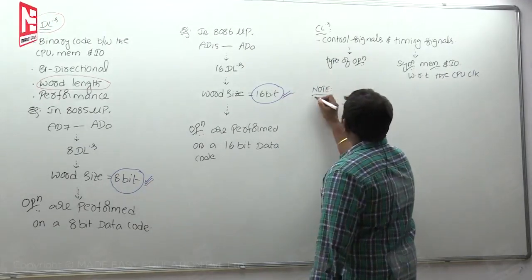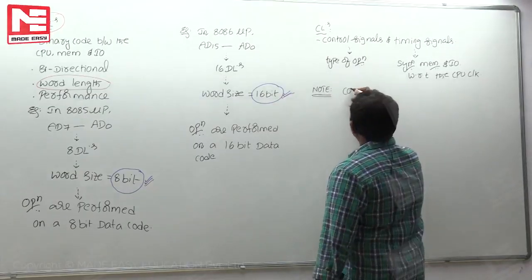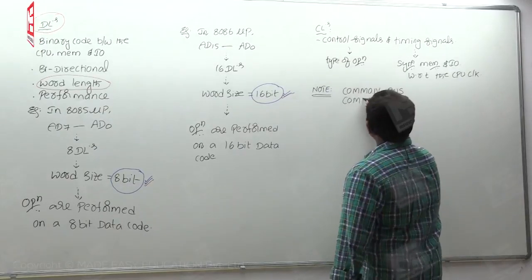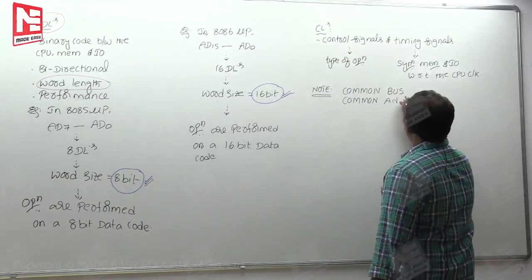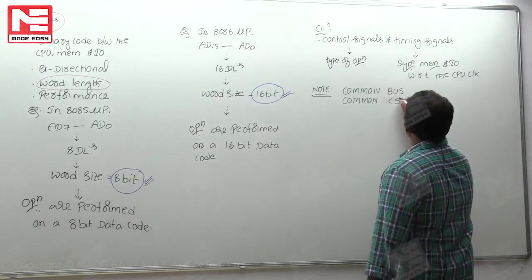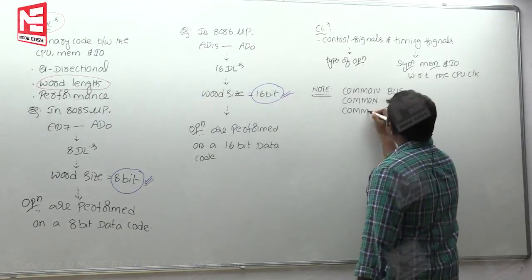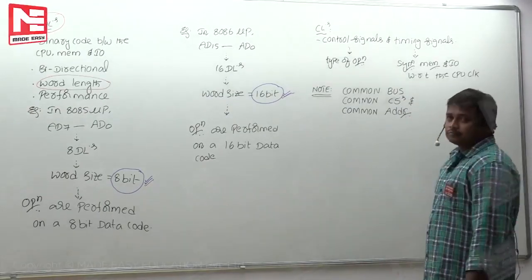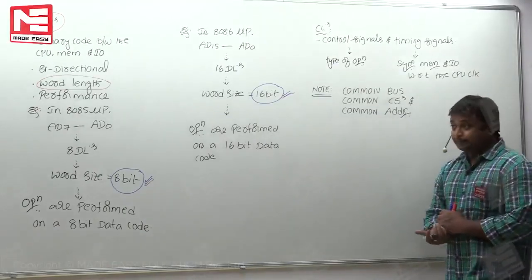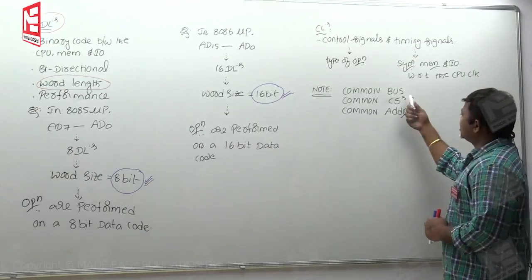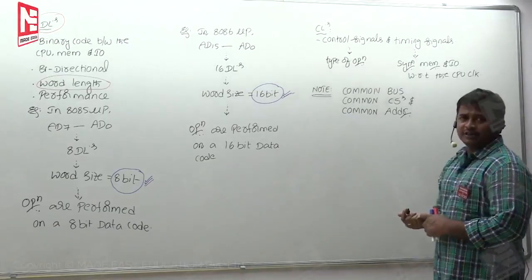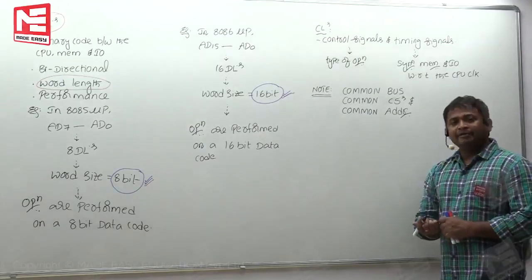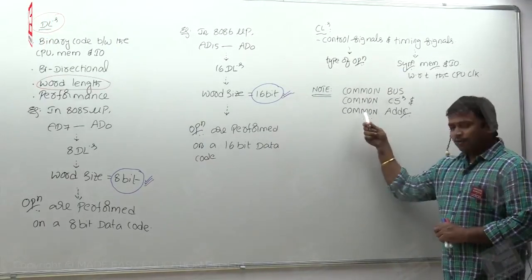Suppose at the time of designing the computer, if there is a common bus, common control signals and common address space, then there is a possibility of ambiguity. How will ambiguity be present when these points are common?